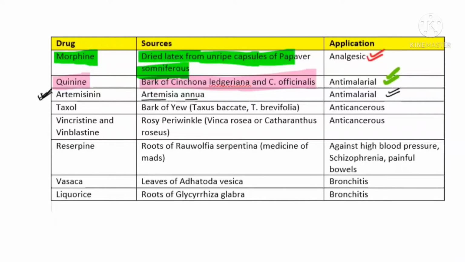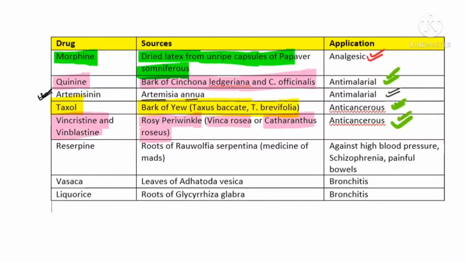Now, next important which you should learn is Taxol. Taxol is a medicine obtained from the bark of the plant Taxus baccata or Taxus brevifolia. This is an anti-cancerous medicine. Then please learn vincristine and vinblastine, which are obtained from Rosy periwinkle, also known as Vinca rosea or Catharanthus roseus.